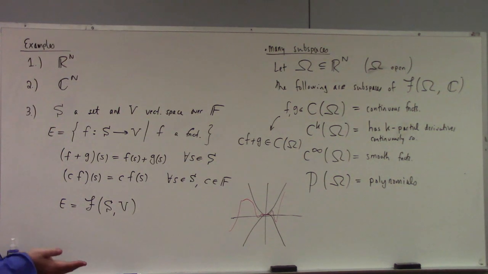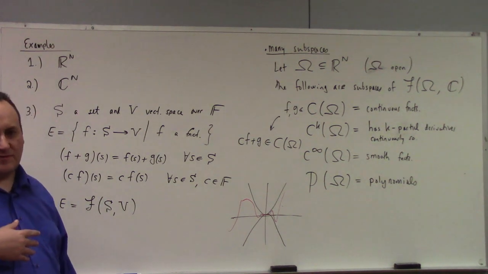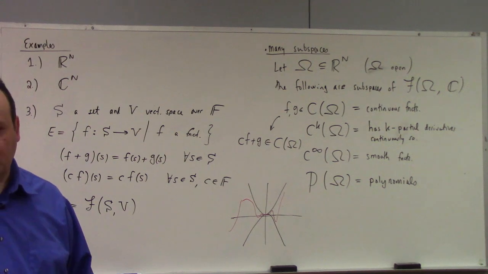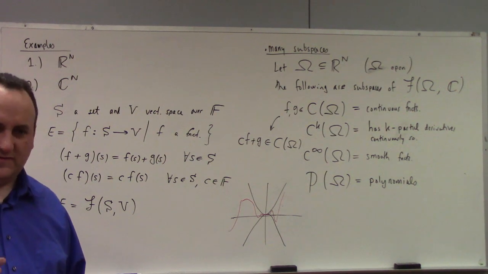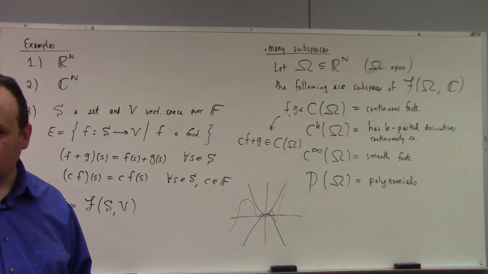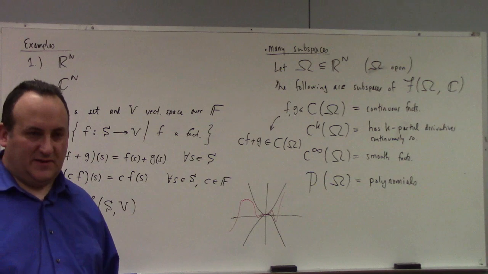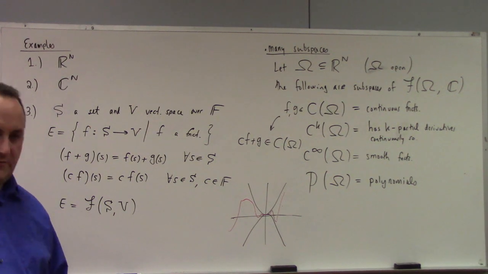But obviously we could replace C with R and still do this, right? Yeah. In fact, you can replace C with a vector space and still do this. It's just you wouldn't have complex valued functions anymore. You'd have matrix valued functions or whatever valued functions.